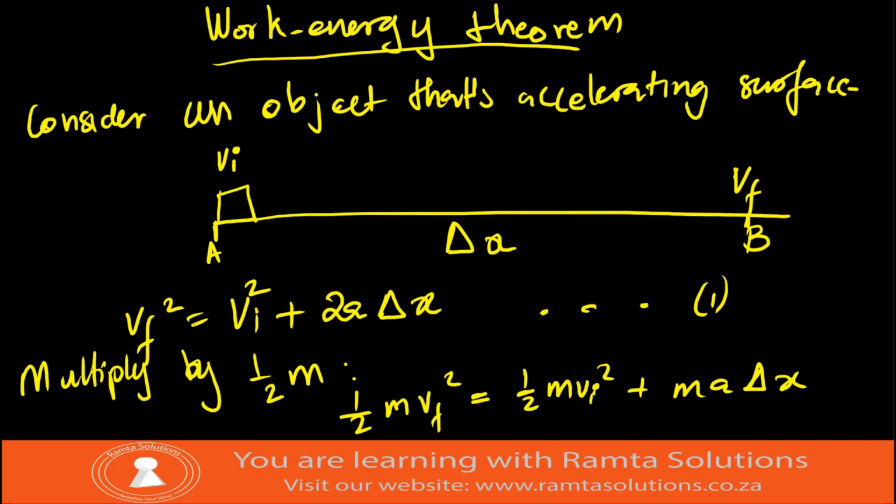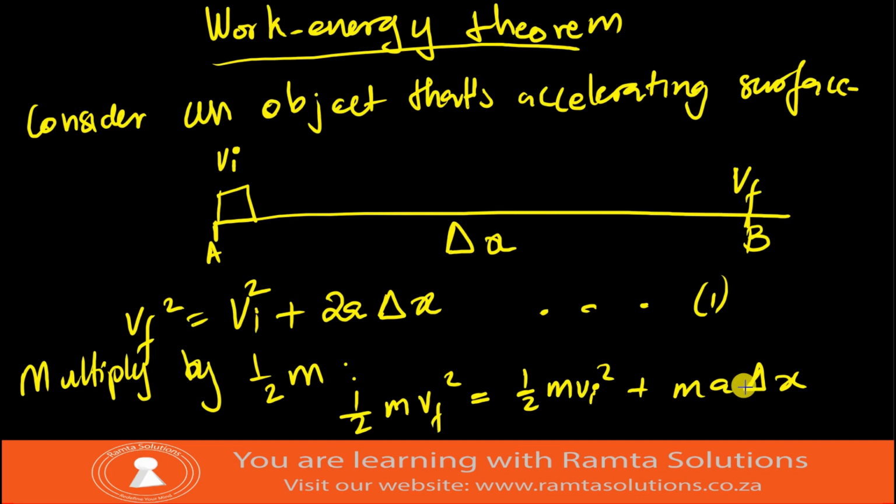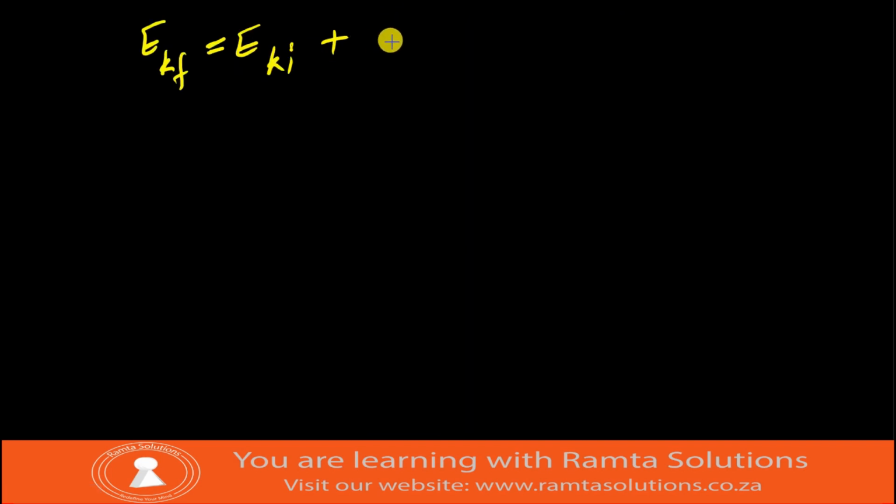So let's simplify: E_k final is equal to E_k initial plus m a delta x. I remember that ma was from Newton's second law of motion. Ma was the net force.